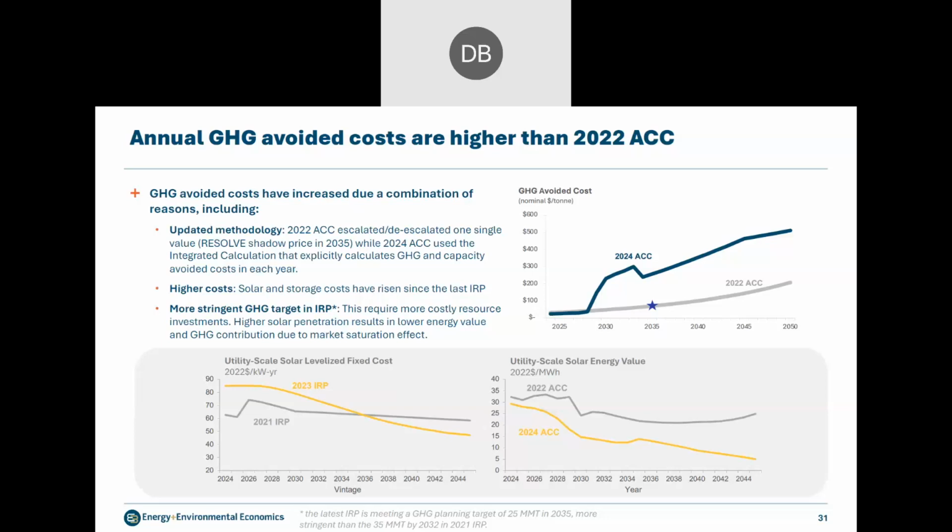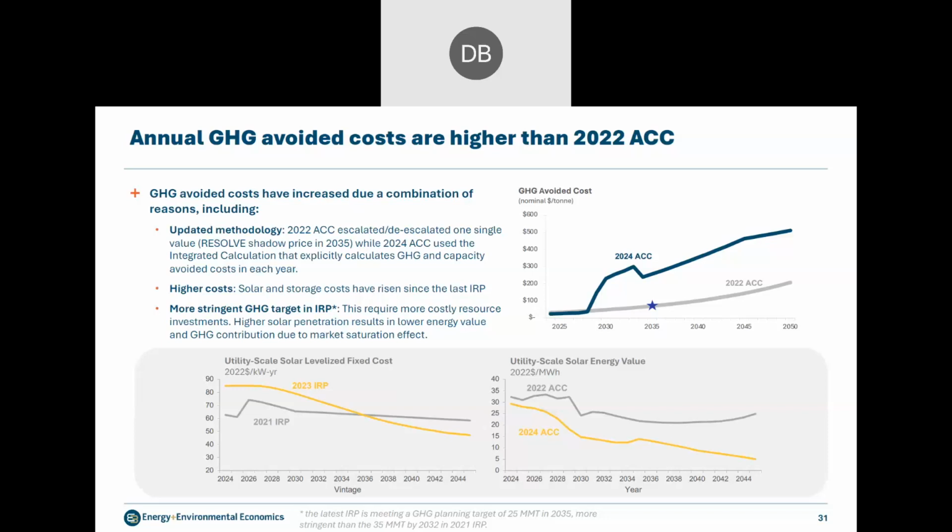The second reason that we see higher GHG avoided costs was the higher cost of solar and storage that have increased since the last IRP. The chart on the bottom left compares the solar levelized fixed cost by vintage between the 2023 IRP, that's the basis for 2024 ACC, and the 2021 IRP, that was the basis for 2022 ACC.